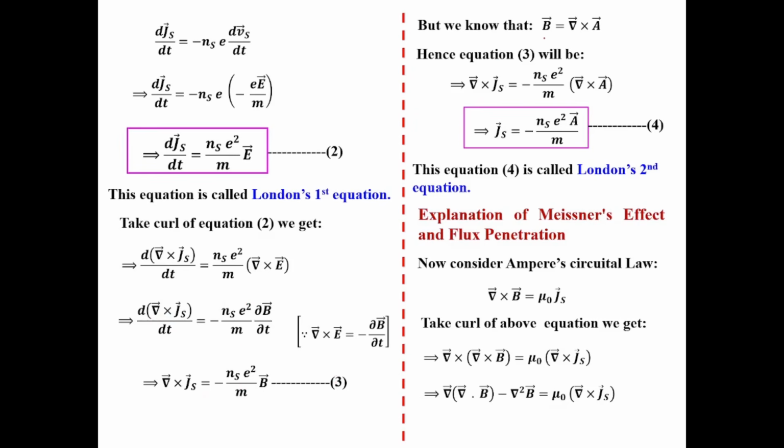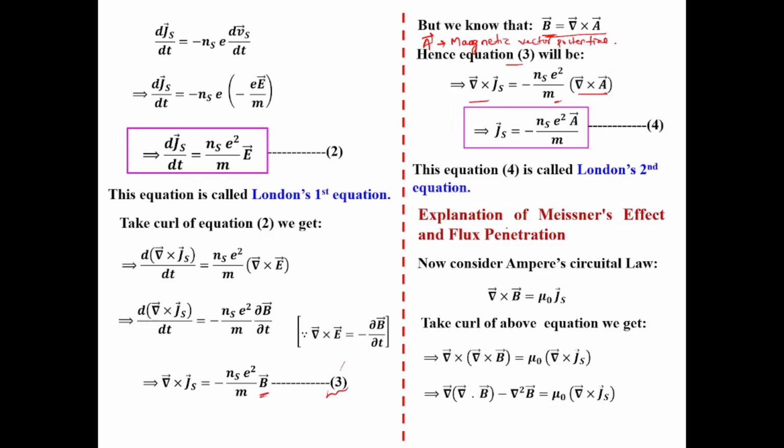Then B, we know that B equals del cross A, where A is the magnetic vector potential, that we know, right? Hence equation number 3 can be written as del cross J equals minus Ns e square by m, and instead of B, what do we have to write?